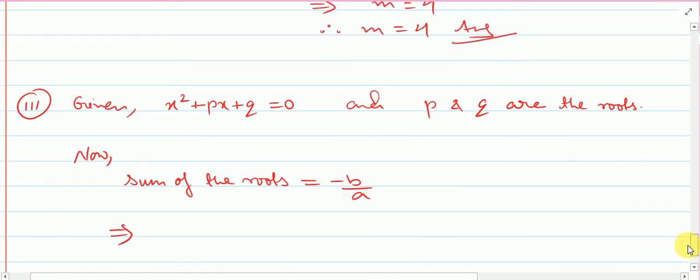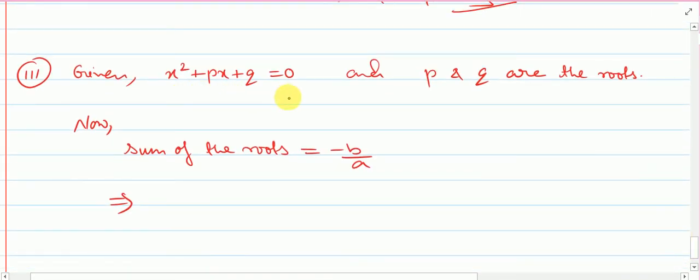So P and Q are the roots, and sum of the roots is minus b upon a. So on the left hand side, in place of sum of the roots we can write P plus Q because P and Q are the roots, and here minus b upon a.